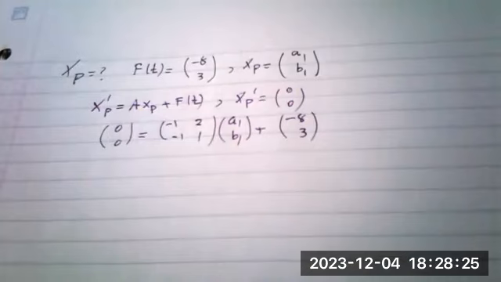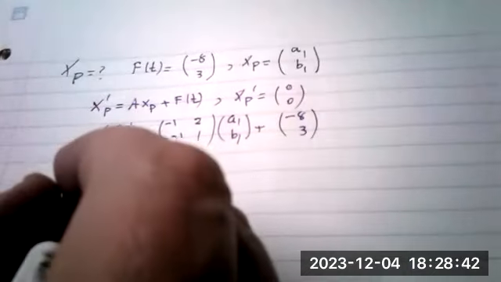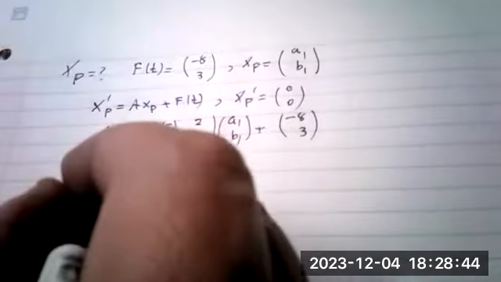Now we have to find A1 and B1. We put them together, and then it's going to be the equality of two matrices. Two matrices are going to be the same if the corresponding components or entries are the same. So this is going to be 0, 0.